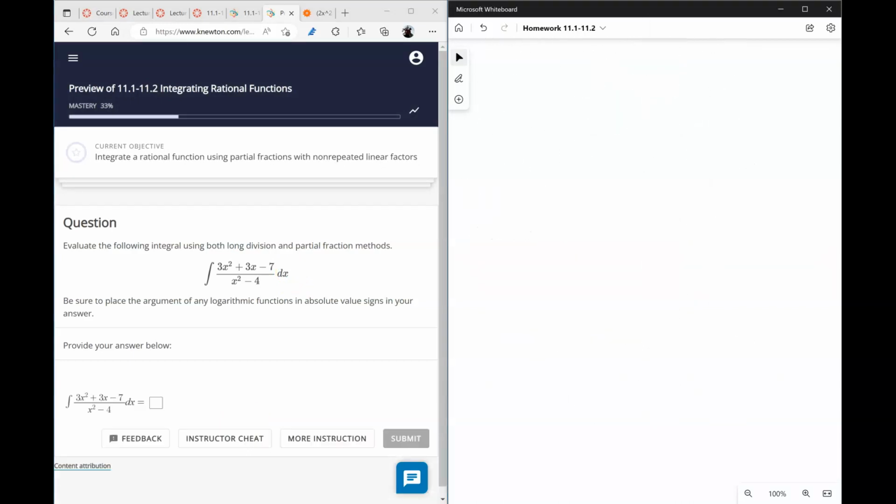Number 5. So what we do with these rational functions is pretty much determined by the appearance of the rational function. So we don't even need those hints.